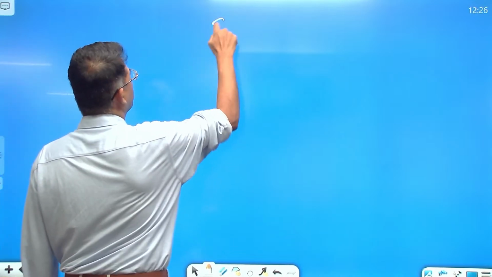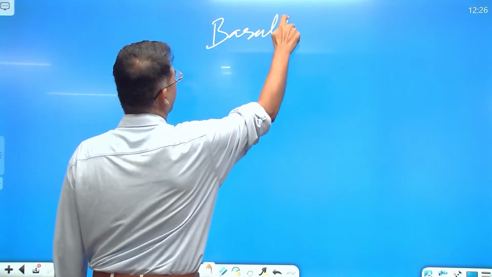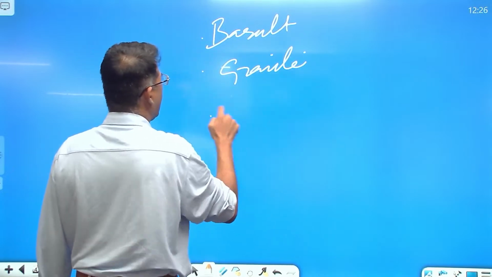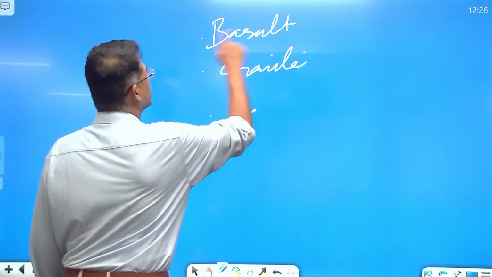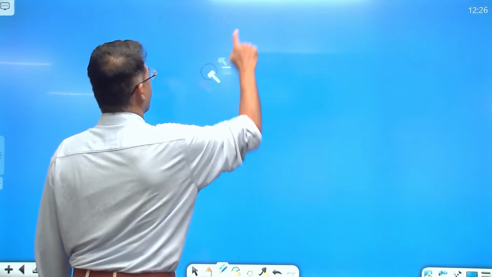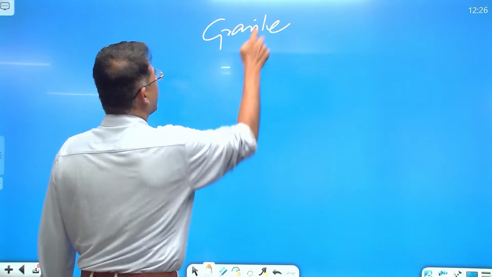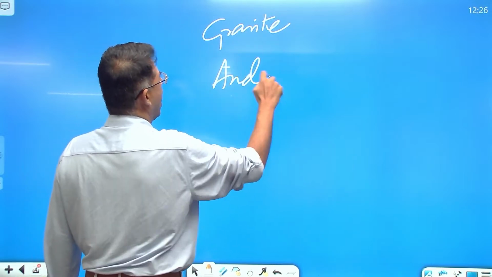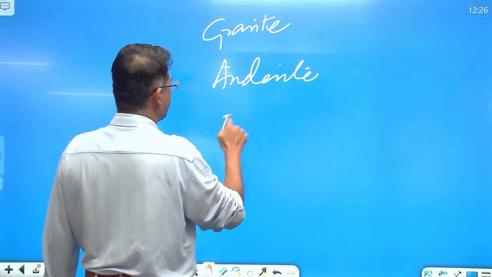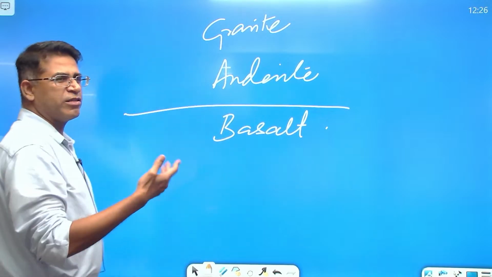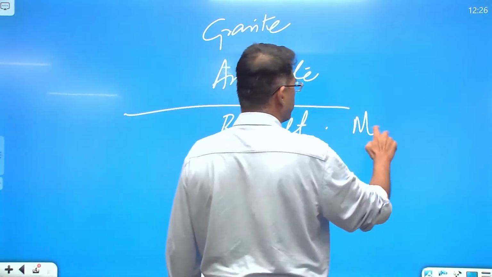So basalt as a rock, you understand. Granite as a rock, you understand. And andesite, or maybe let me write in sequence. So we have granite rock, andesite rock, and basalt rock. Basalt rock is the mafic type.